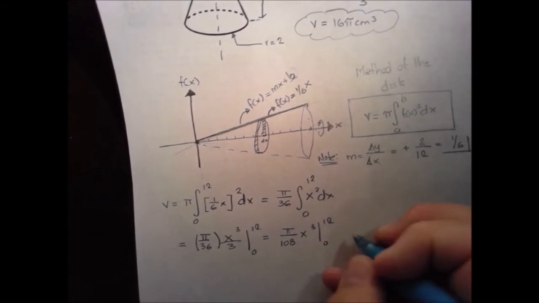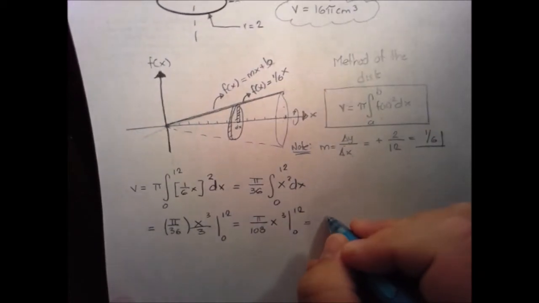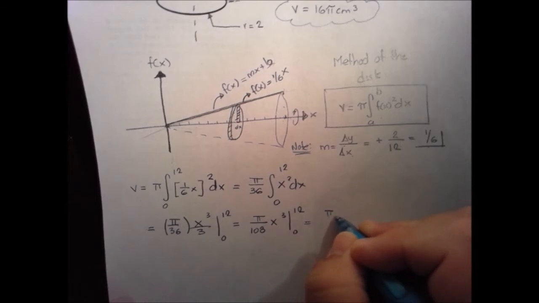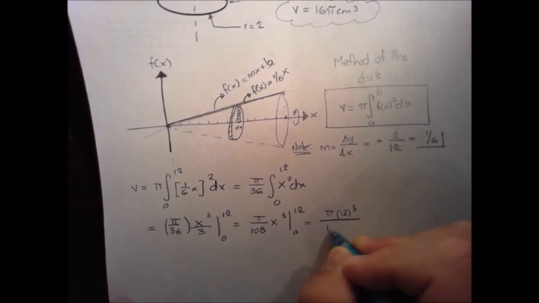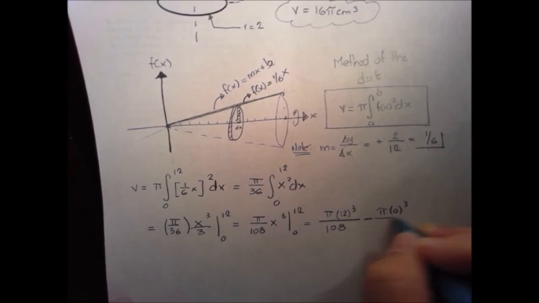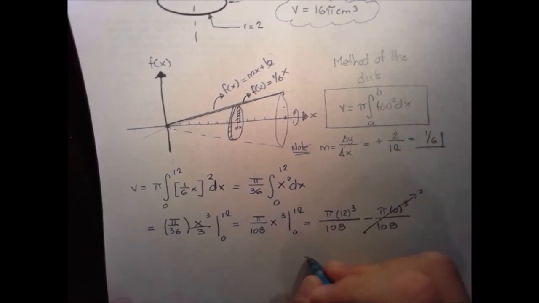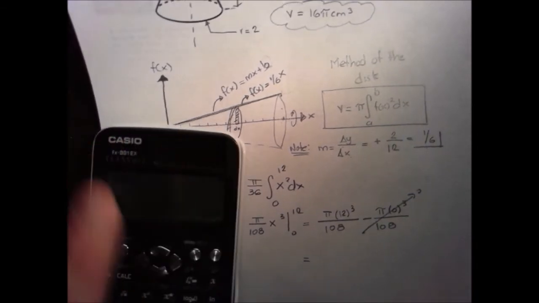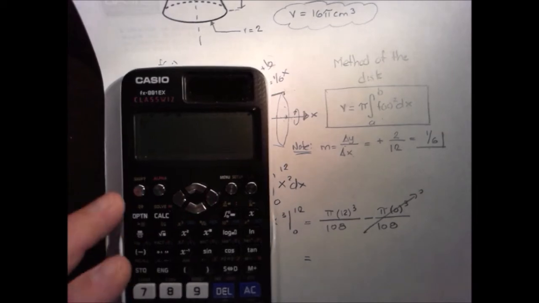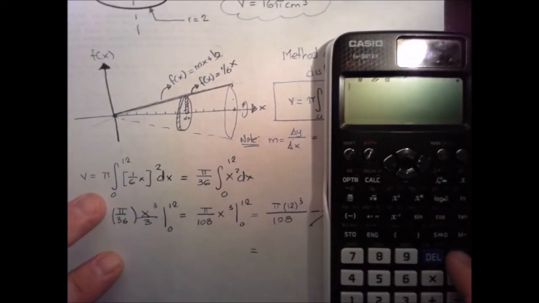Okay, first of all we evaluate it at 12, and this is going to be pi times 12 cubed over 108, minus pi times 0 cubed over 108. Obviously this is going to be 0, and the final result, let's use our calculator to develop that operation.